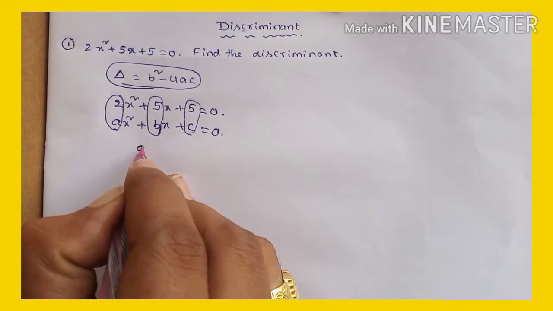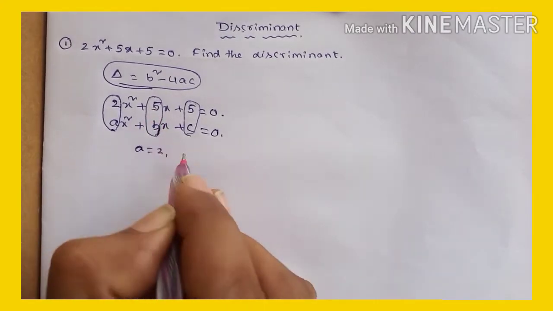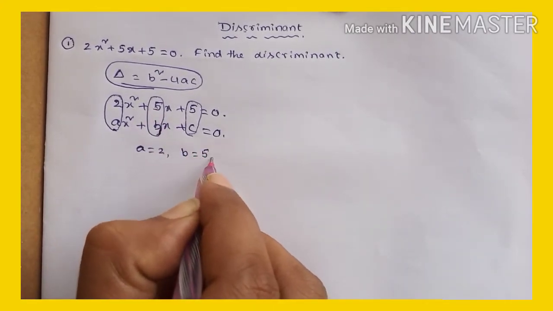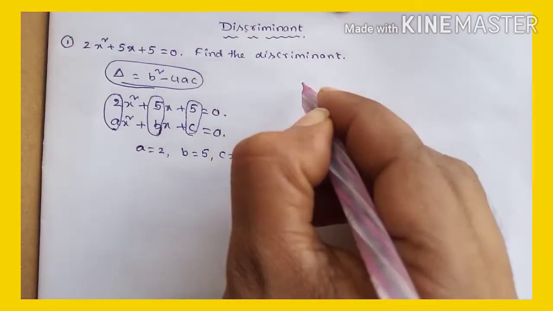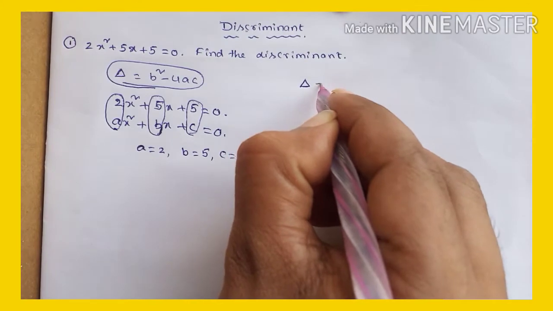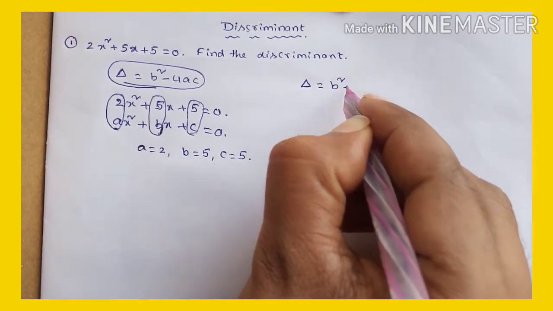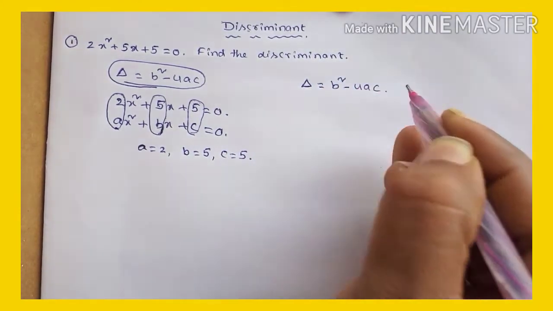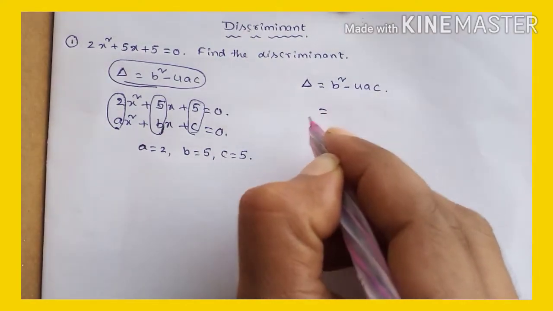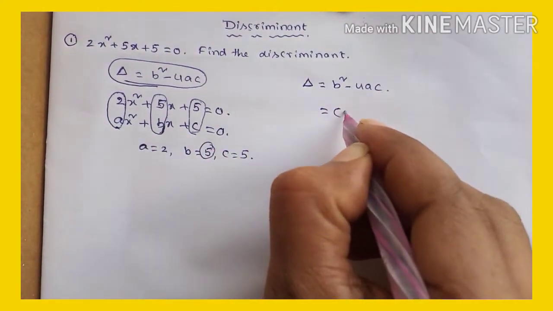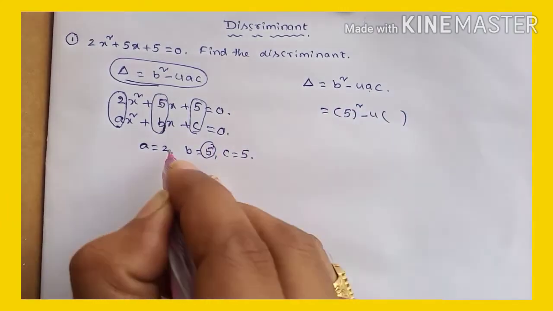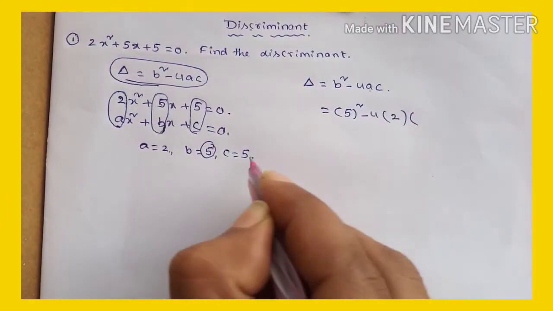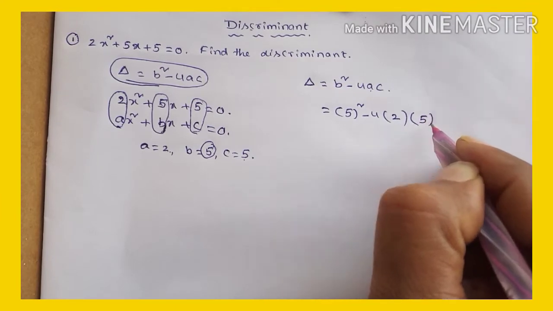Now we have to find out the discriminant. Delta is equal to b square minus 4ac. b value is equal to 5, so 5 whole square minus 4 into a value 2 and c value 5.